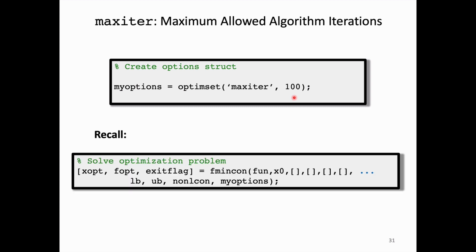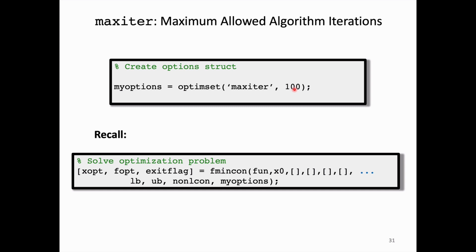And just as a reminder, so you know how this is being used, if we only change this one field, then optimset is going to produce a struct, and here I called it my options. You can name it anything you want. And everything is going to have the default value in it, except for the MaxIter field, and that will be 100 instead of whatever the default value is.